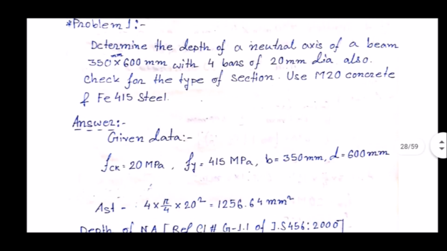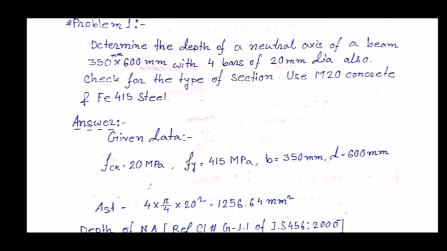So the cross section of the beam is width 350 mm and depth 600 mm, and in this section 4 bars of 20 mm diameter are used, and the grade of concrete is M20 and the grade of steel is Fe415.